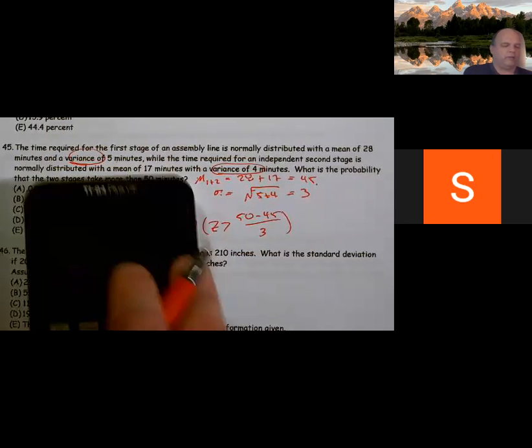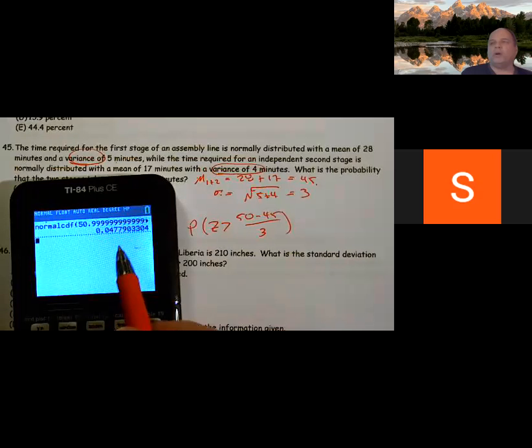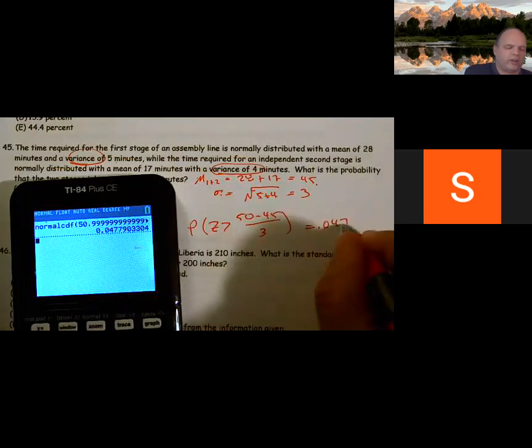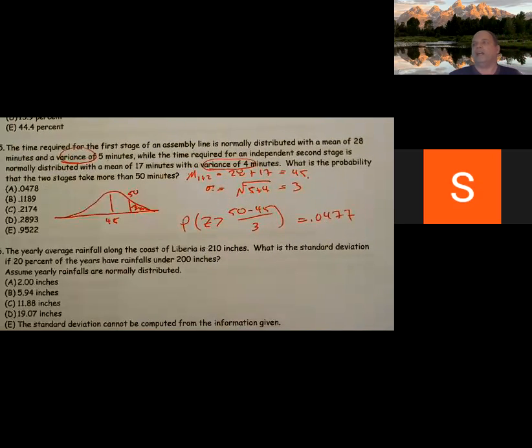My lower bound is 50, so we go second bars, normal CDF, lower bound 50, upper bound infinity, mean is 45, standard deviation is 3, and we get 0.0477. So this answer would be A.